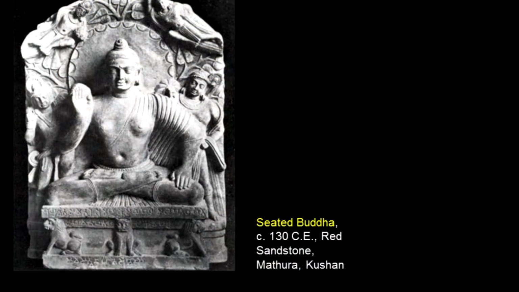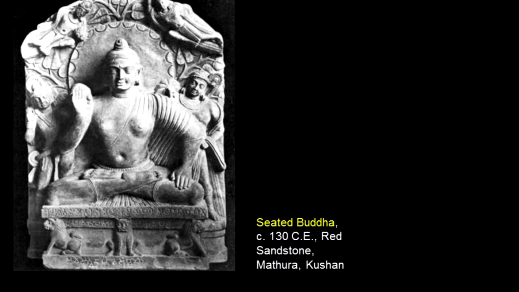So this is a seated Buddha from Mathura, and again you see differences between this and the Gandharan image, very clearly in terms of the facial features and the robe that he wears. Even the top knot, the Ushnisha, is different.